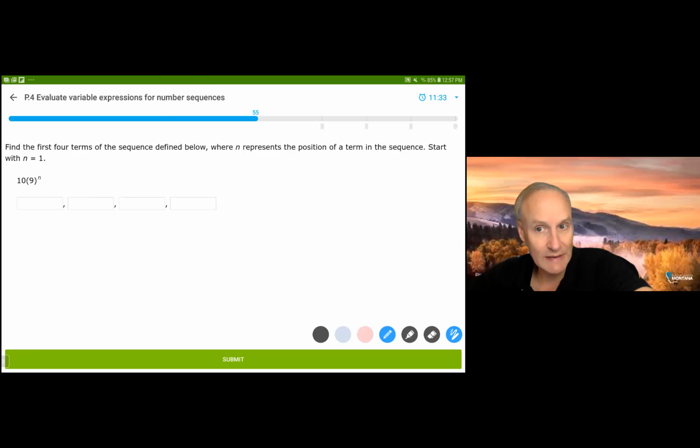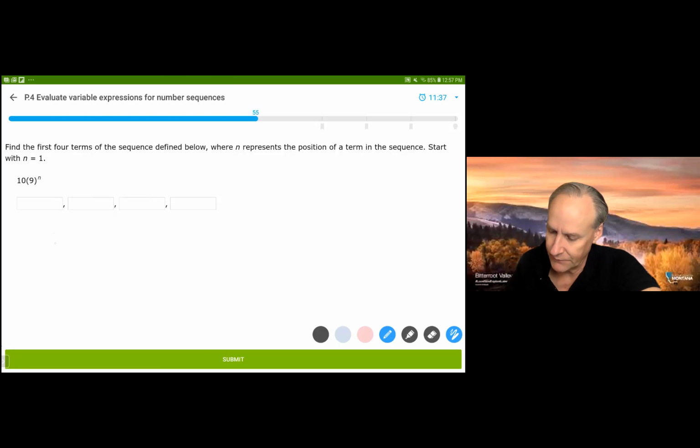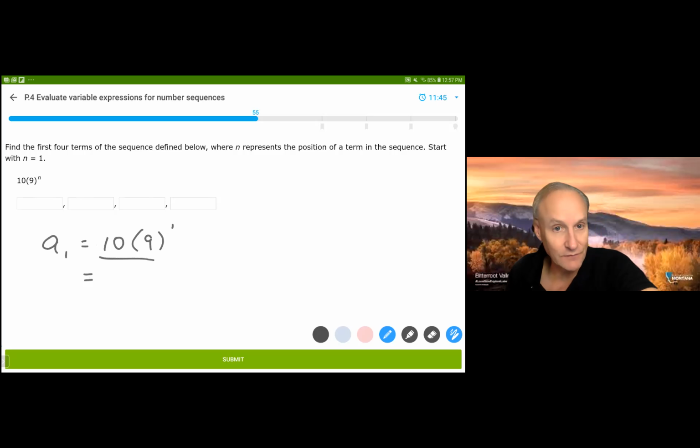This time we're going to multiply by 9. So we're going to start with 90 because our first term is this. Remember, you don't multiply it and then take the first power, although in this case, you'd get the same answer. But we're taking 9 to the first power, then we're multiplying it by 10, which is 90.